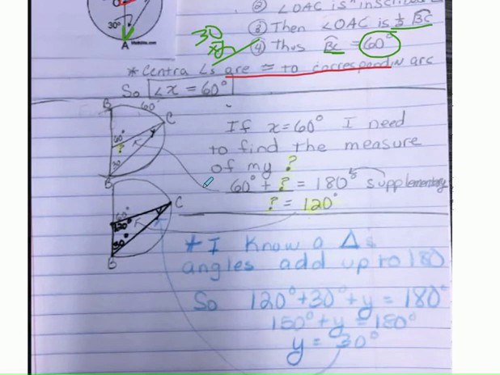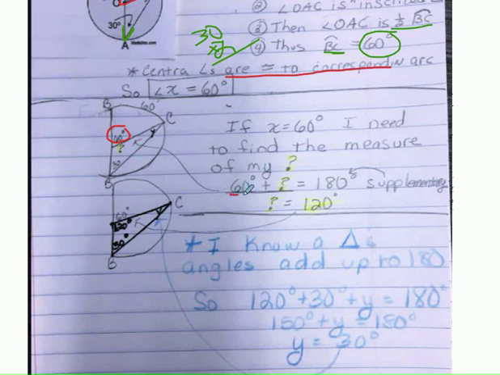So let's scroll down a little bit and see what's going on here. I've got my information filled in here. I need to find my question mark in order to find Y. So I know that X is 60 degrees, which I have right here. I need to find the measure of my question mark.